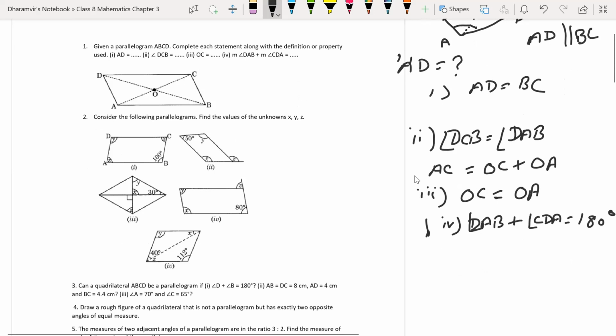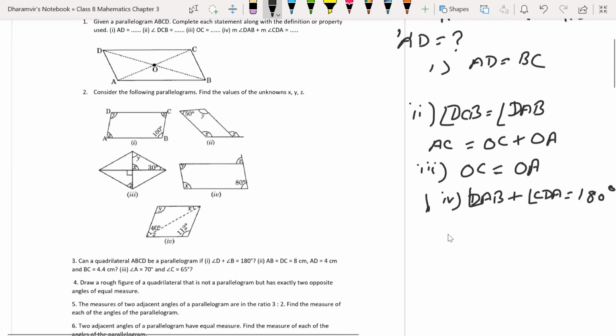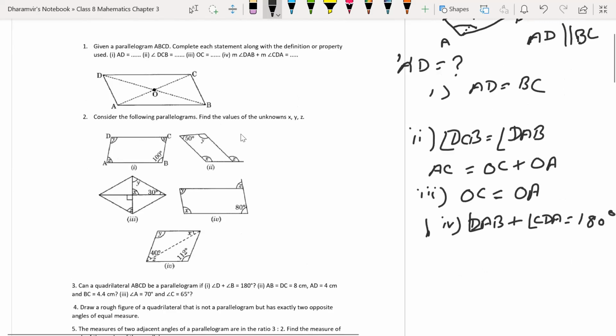Now consider the second question. It says: consider the following parallelograms. There are 5 parallelograms. Find the values of unknown x, y, z. So let's draw a parallelogram.